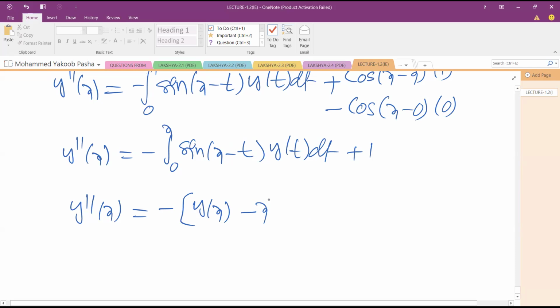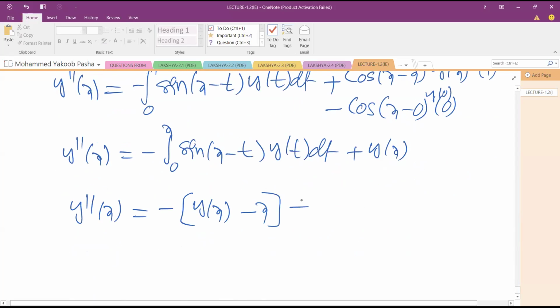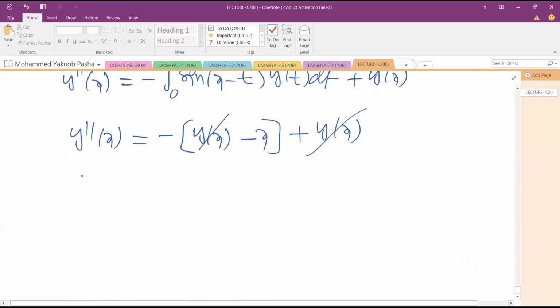Here y of x into the derivative, and y of 0 into 0, so this becomes y of x. Here again y of x, so y of x will be cancelled, and y double dash of x is equal to x.